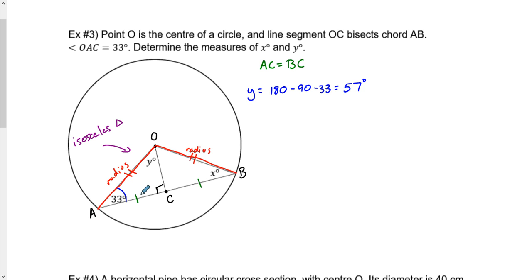And a special property about isosceles triangles is that the angles at the very bottoms of two sides that are the same are going to be equal, which means angle X is going to be 33 degrees. And that's all there is to it.